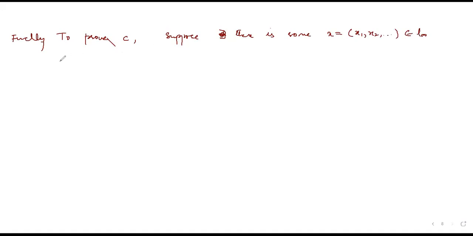Such that xn is greater than or equal to 0 for all n. Okay? Now, if xn is equal to 0 for all n, then f of x is equal to 0, and there is nothing to prove.